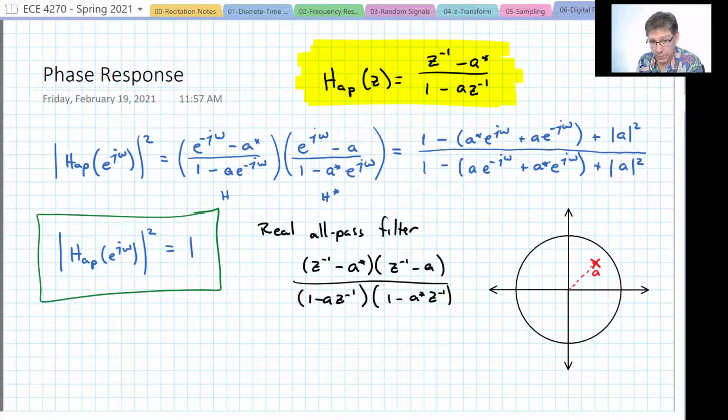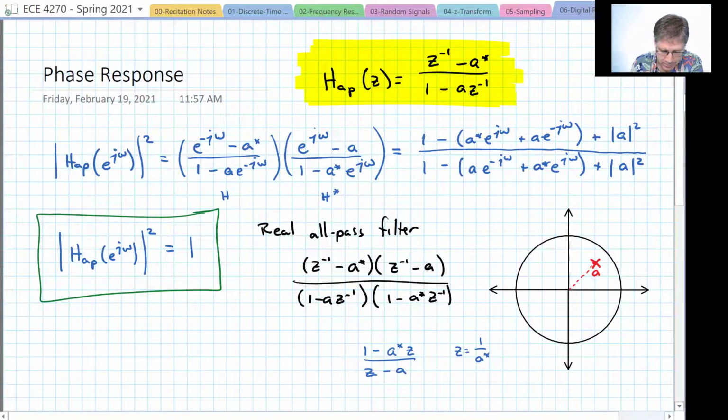The zero is at 1 over a star. So where is 1 over a star? Well, let's express a in terms of a magnitude and a phase.